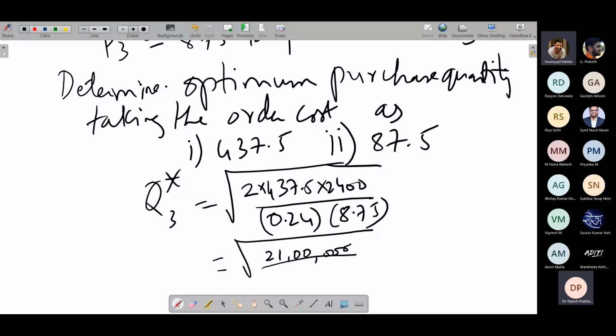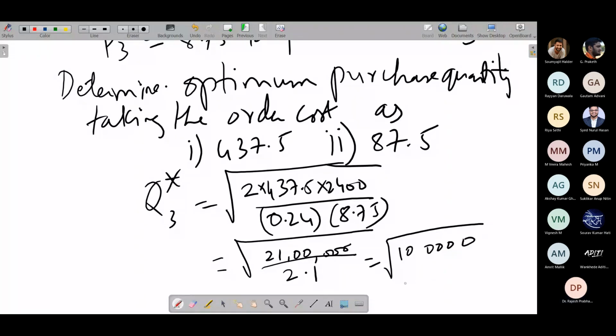The denominator 0.24 into 8.75 is 2.1. So root of 21 lakh divided by 2.1, which is 10 lakh.